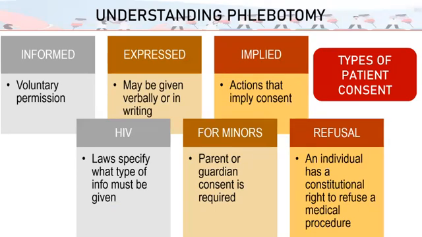We have two different types of consent: expressed or implied. Expressed is when the patient verbally says or writes, "Yes, I'm allowing you to perform blood extraction." Implied is when no words are given, but the patient sat on the phlebotomy chair and extended their arm for you to start the blood extraction. That is implied.